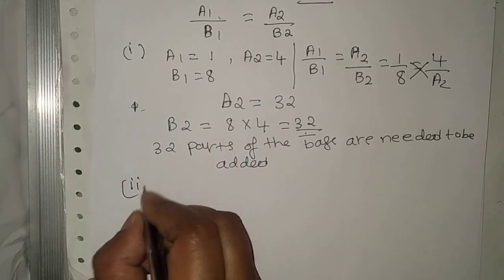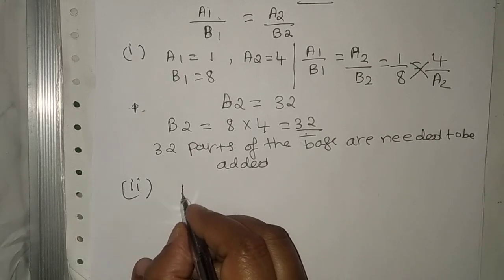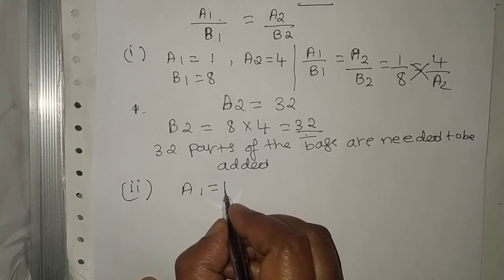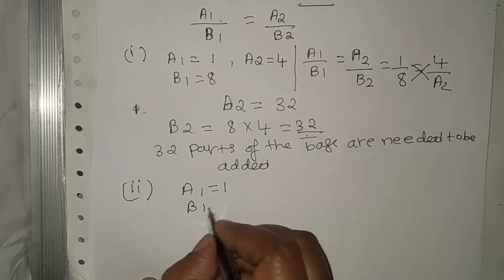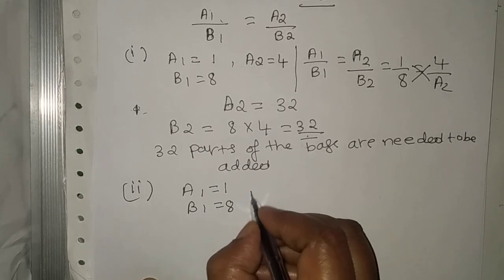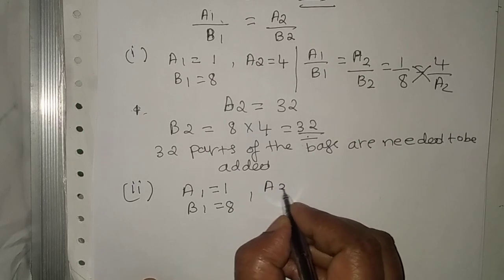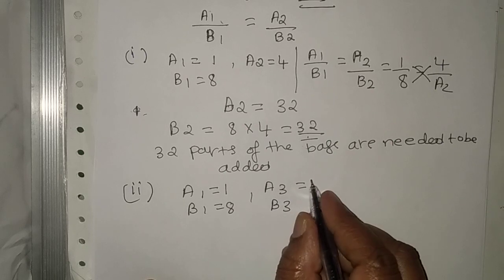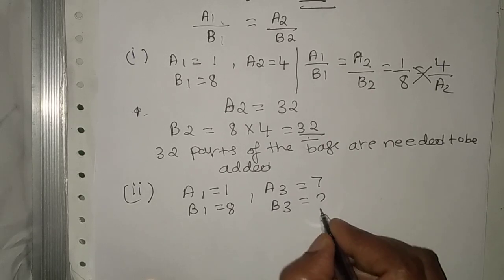Now the second one. What is the value of A1? Same thing, we take A1 as 1 and B1 as 8. Next we take A3 and we have to find B3. A3 they have given as 7, and B3 is equal to how much?